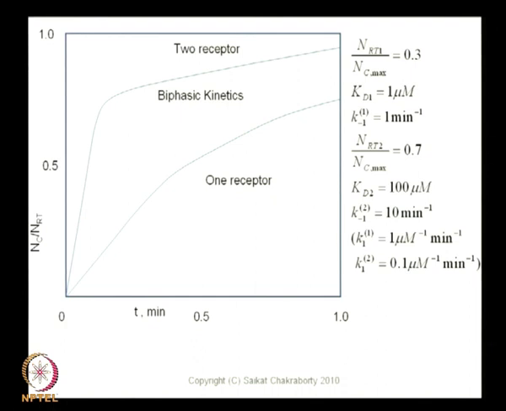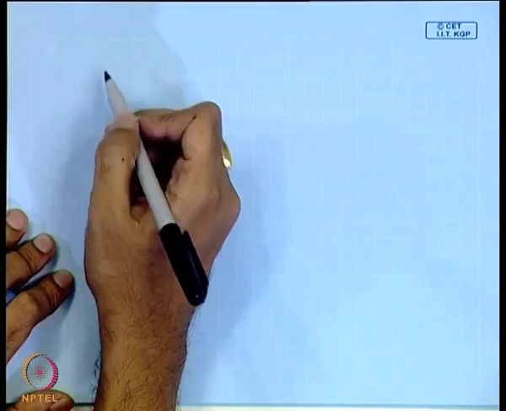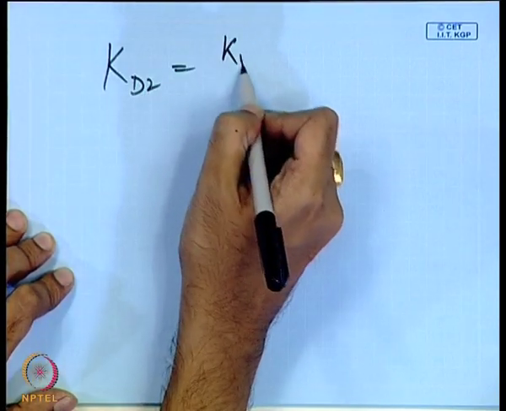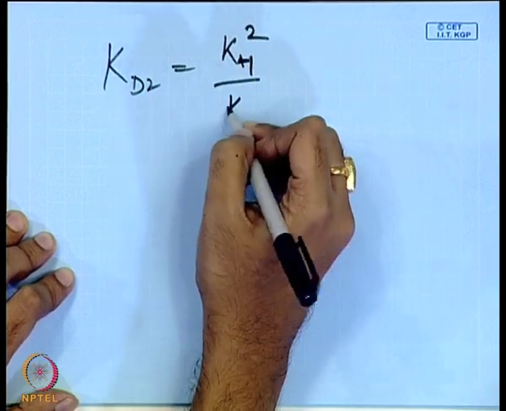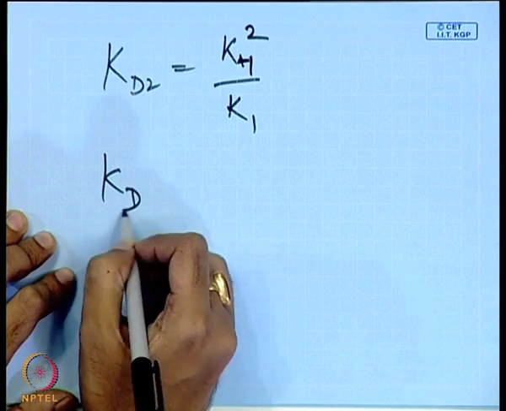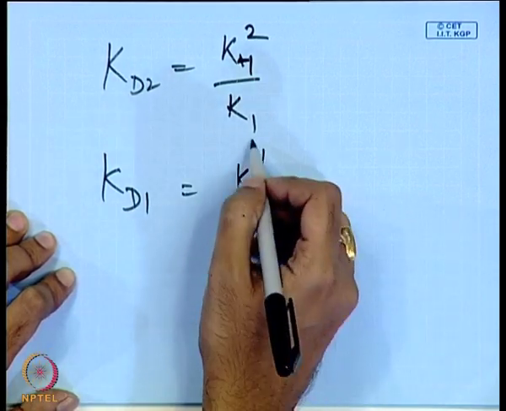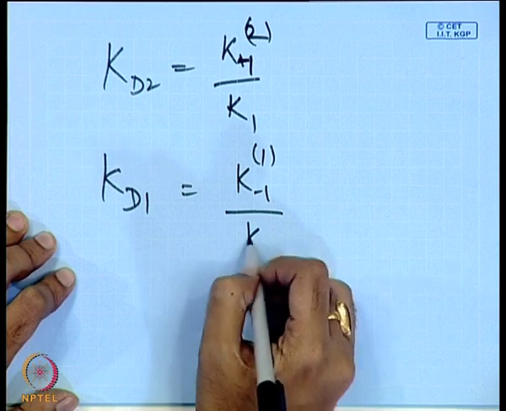Let's look at the curve, because it's important to look at the curve, but from the curve let's try and understand what is the process that's happening here. So KD2 is much higher than KD1. KD2 is what? K minus 1, let's say 2, over K1, and KD1 is K minus 1, 1 over K1, right.